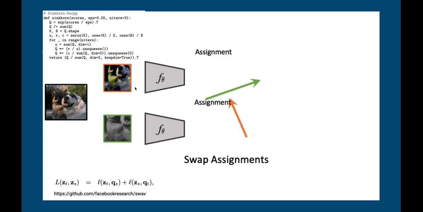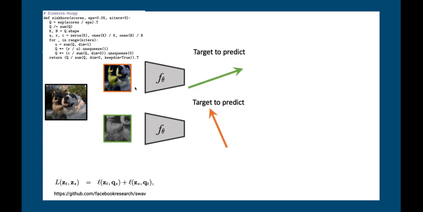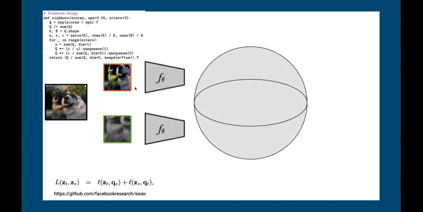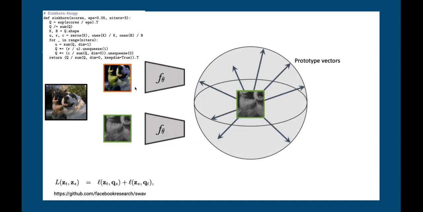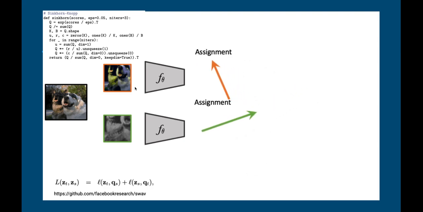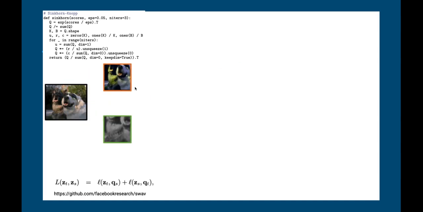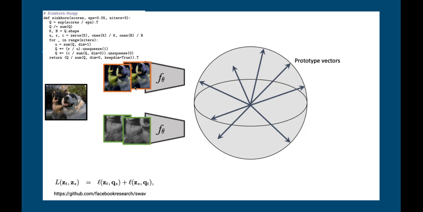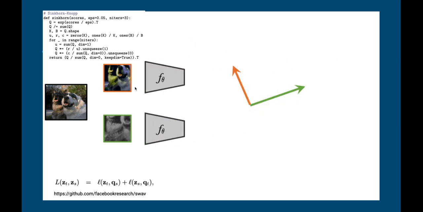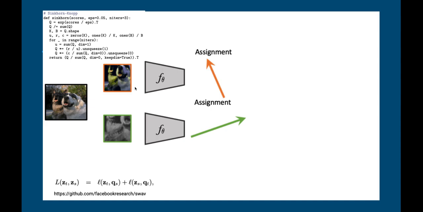Now you put each through a bunch of layers and get some embedding out of that. This embedding is then clustered and mapped to different areas, or to a code, and then the student tries to guess the teacher's cluster, where the cluster was assigned.